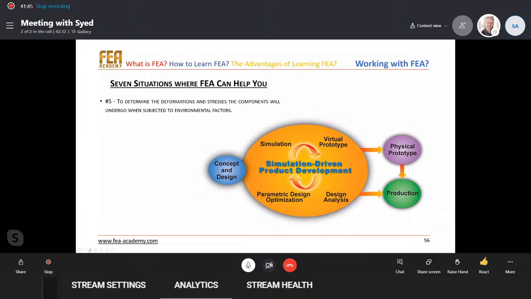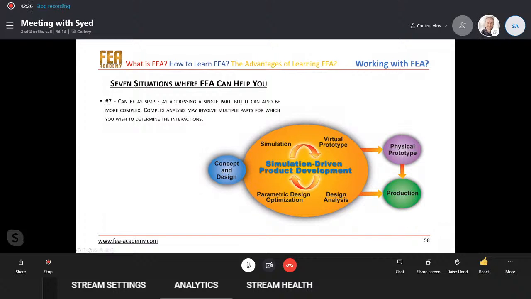Another situation where FEA can help you: the FEA packages are extremely powerful when used intelligently and help the engineers to define the critical dimensions of a component by considering the factors of safety, weight, and other parameters. And finally, FEA can be as simple as addressing a single part for which you wish to capture the behavior, but in reality, it can also be used for more complex systems.